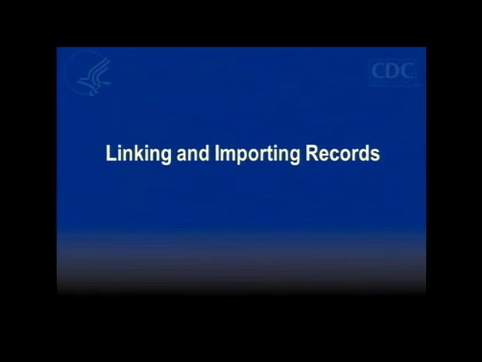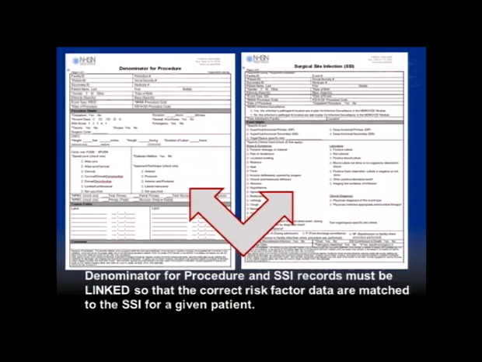All right, so let's move on and talk a little bit about linking and importing records. In order to keep data entry simpler in the NHSN application, we have this linking procedure so that we can pull together the information in the denominator record with that in the infection record without you having to reproduce it, so that we can get a match on the two records.